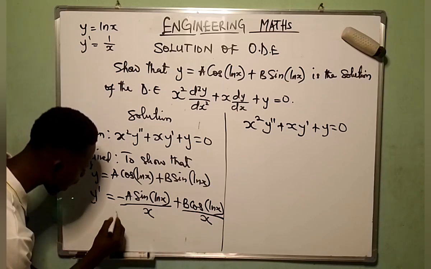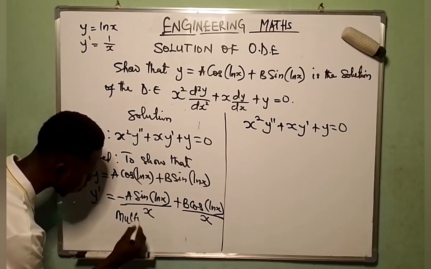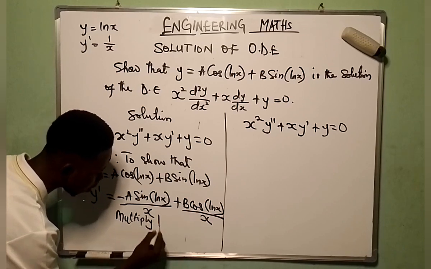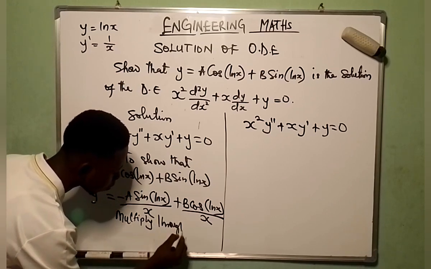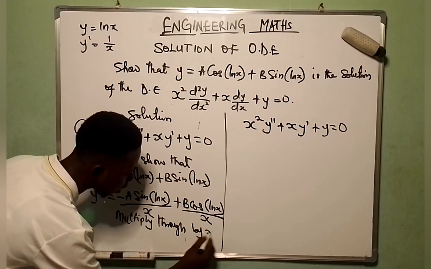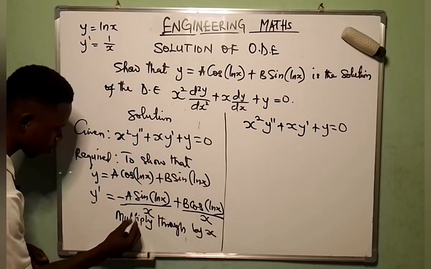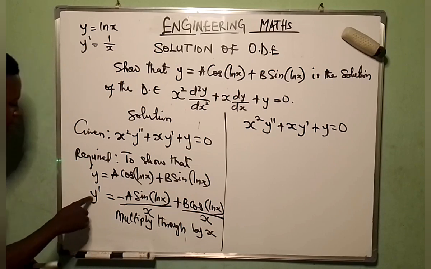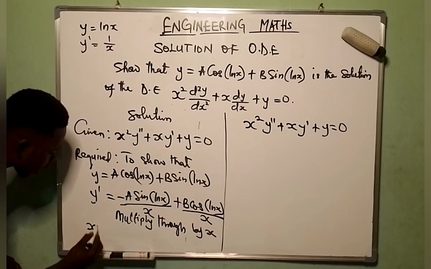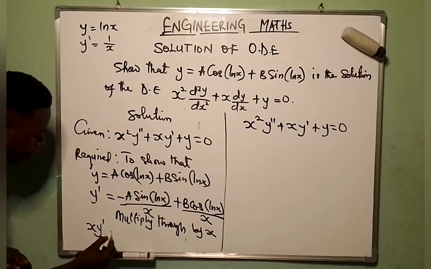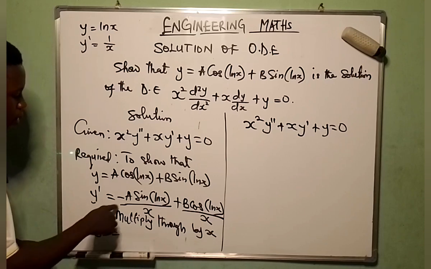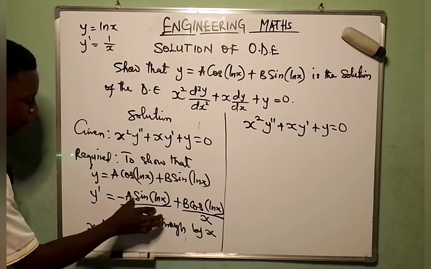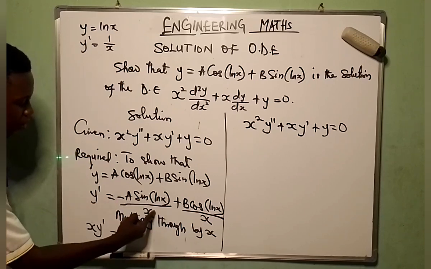So when you multiply through by x, what are we going to have? x times y prime will give you x y prime equal to x multiplied by what you have here. You see that the x will cancel the x.